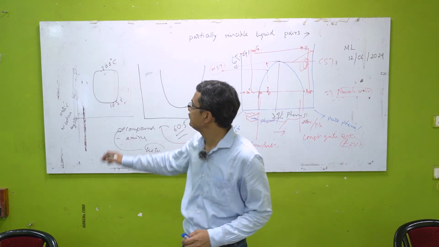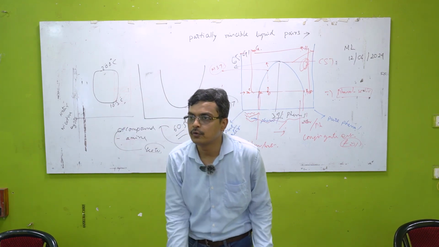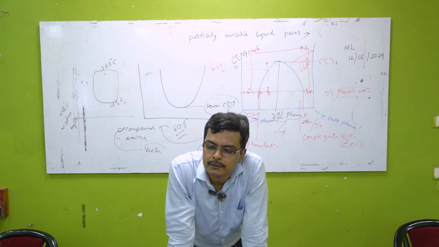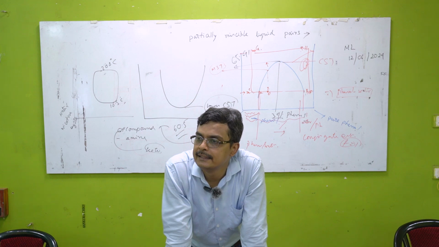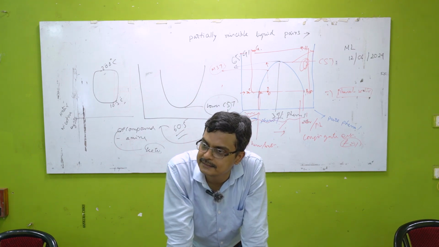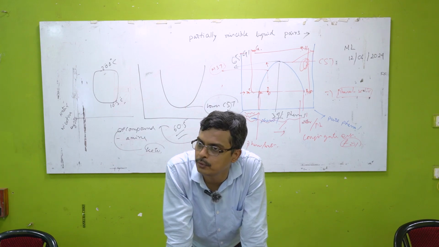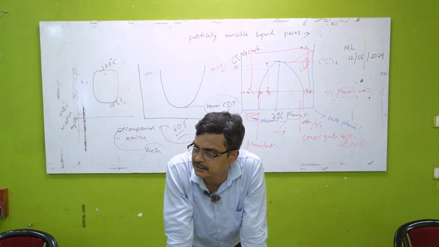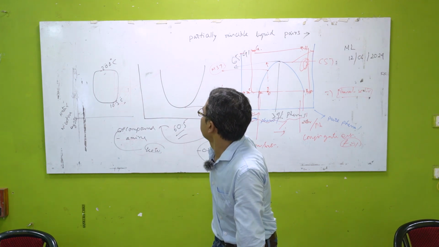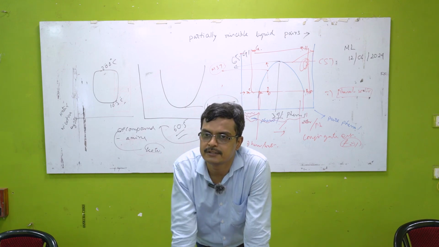So this is the case for the water nicotine system, where initially mutual solubilities decrease with temperature, and after some time it again increases with temperature. So you get both, like the water phenol system, upper critical solution temperature, and for the water nicotine system and water triethylamine system, lower critical solution temperature.